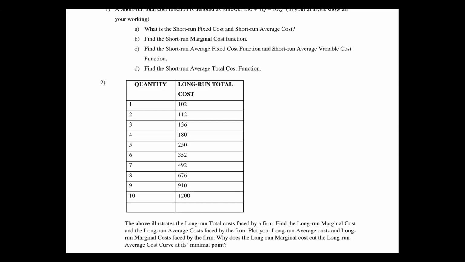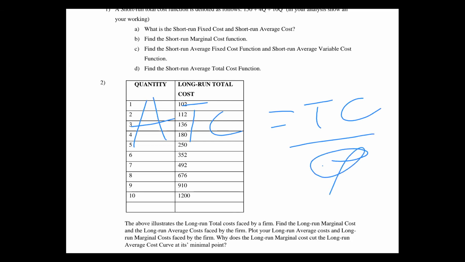Find the short run average total cost function. So we want the average total cost function, or the AC, which is just the total cost function divided by output. That's the average total cost function.